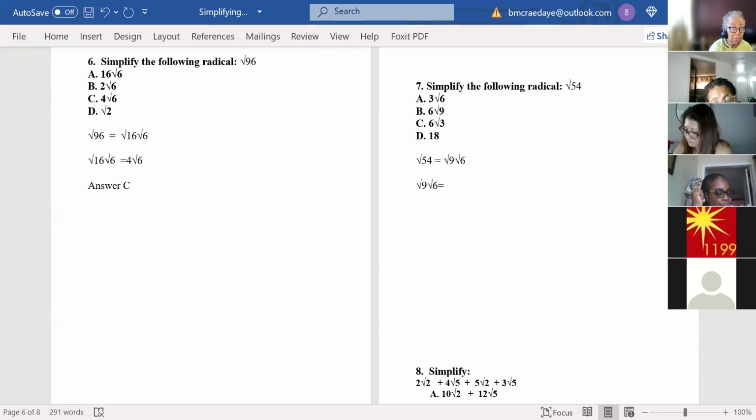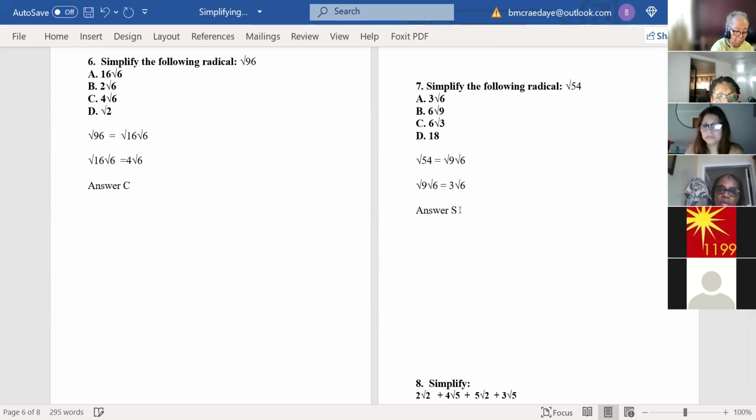So this would be 3 times the square root of 6. What answer is that? A. So the answer is A.